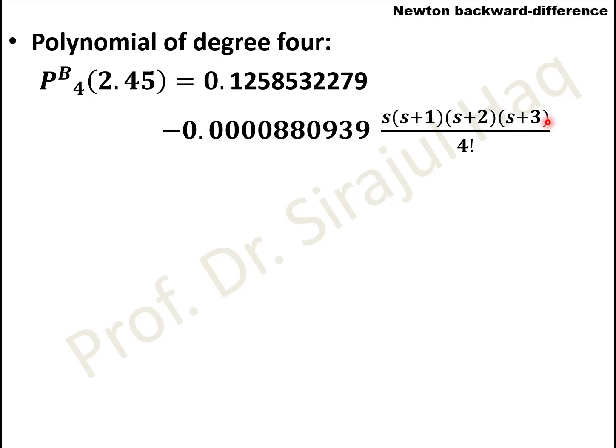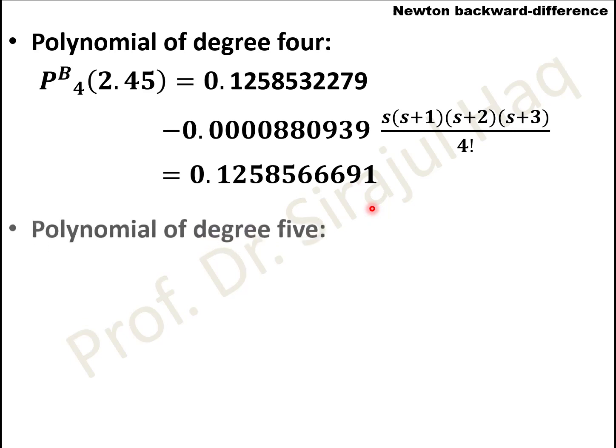That will become positive. Minus 1 raised to the power of 4 is positive, so that's the reason the overall sign of this term is positive. And this is nabla raised to the power 4 f of x5. When you replace the value of s, this is the approximated value of the function.